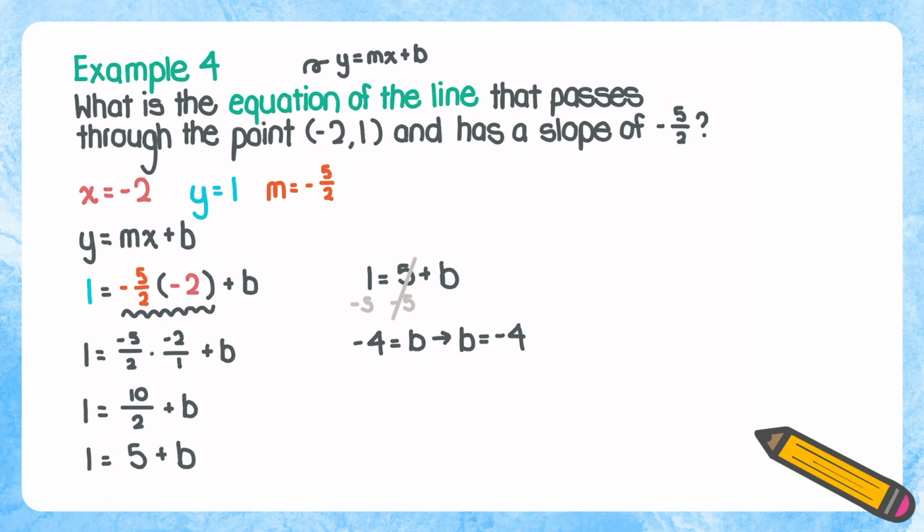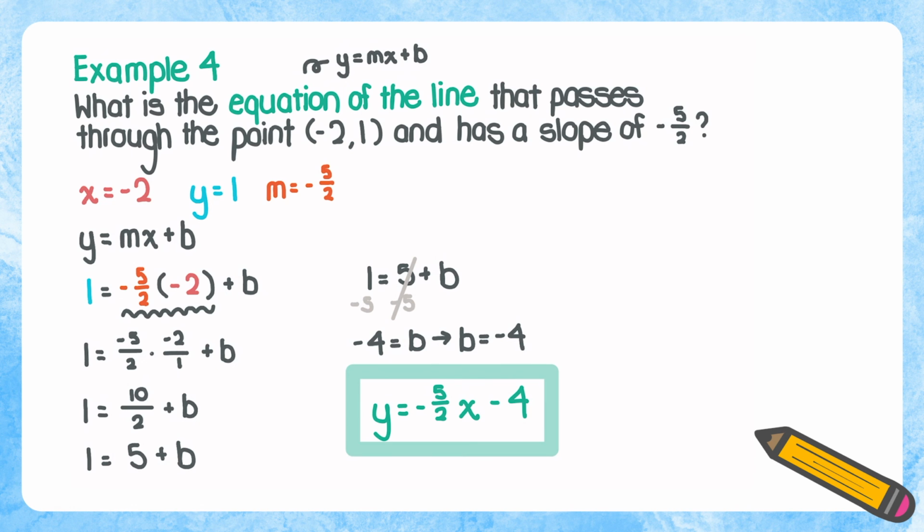I know my slope and my y-intercept, so I can now write the equation of this line. So the equation of this line is y equals -5/2, that's the slope, times x, and then -4, our b value.